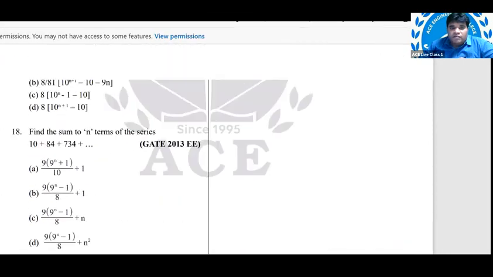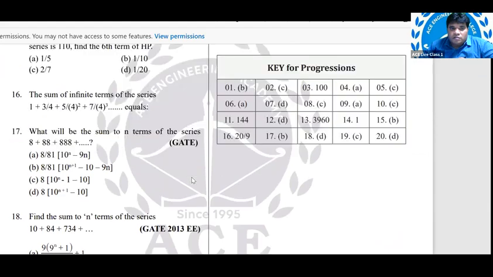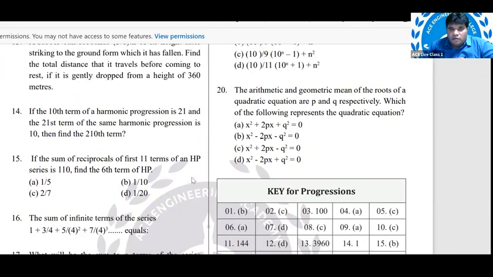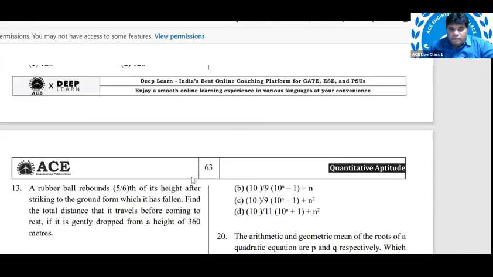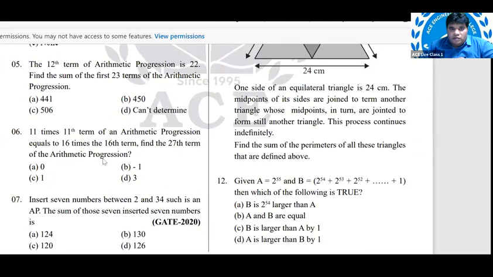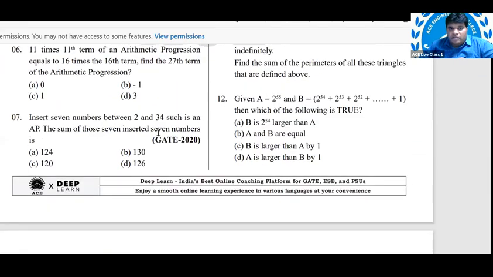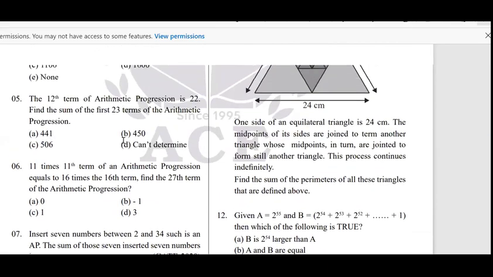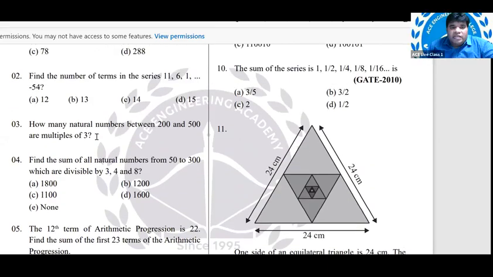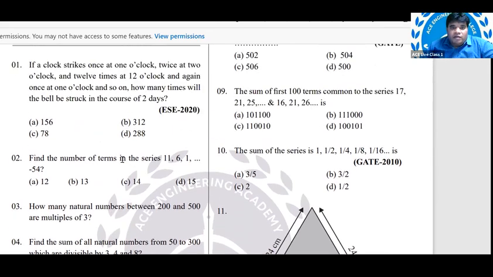Look at, friends, now observe this question. GATE question: insert 7 numbers between 2 and 34 such that they are in AP. Already you remember this point. Insert 7 numbers, arithmetic means concept. Okay. How many natural numbers between 200 and 500 are multiples of 3? Already completed. Number of terms. Okay.